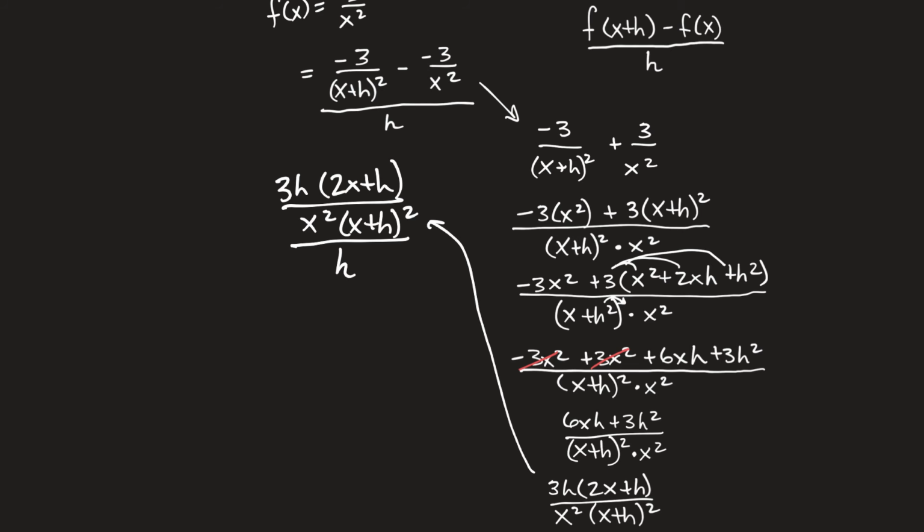That would be 3h, I'm just writing that fraction again, (2x plus h) over x squared times (x plus h) squared, divided by h, right? Which again is the same thing as h over 1, because h is the same thing as h over 1.